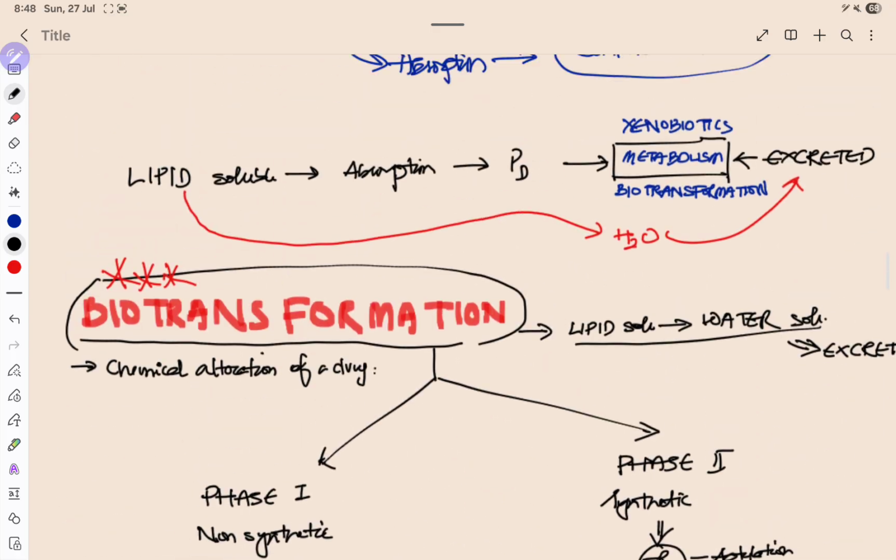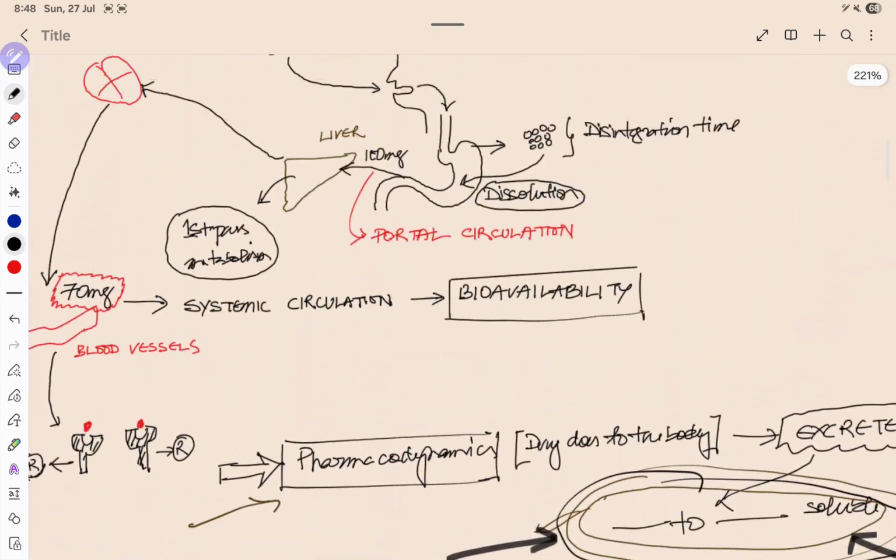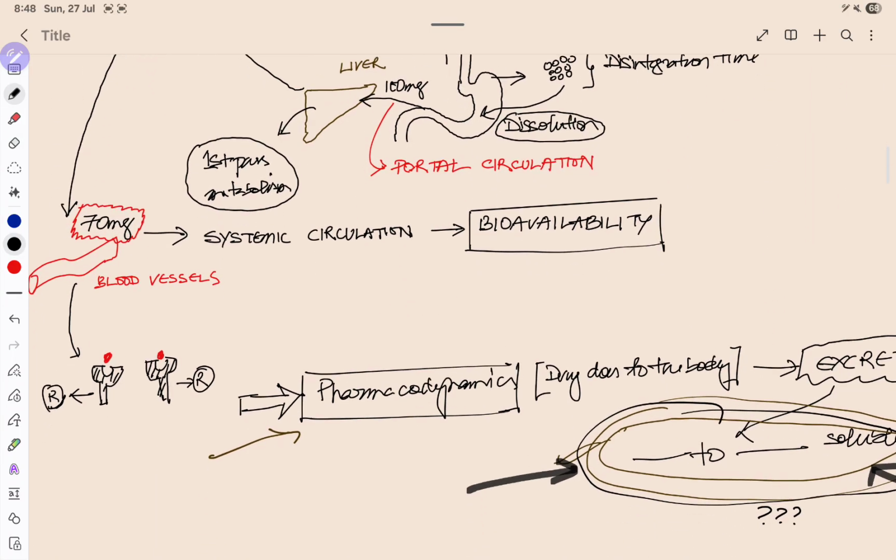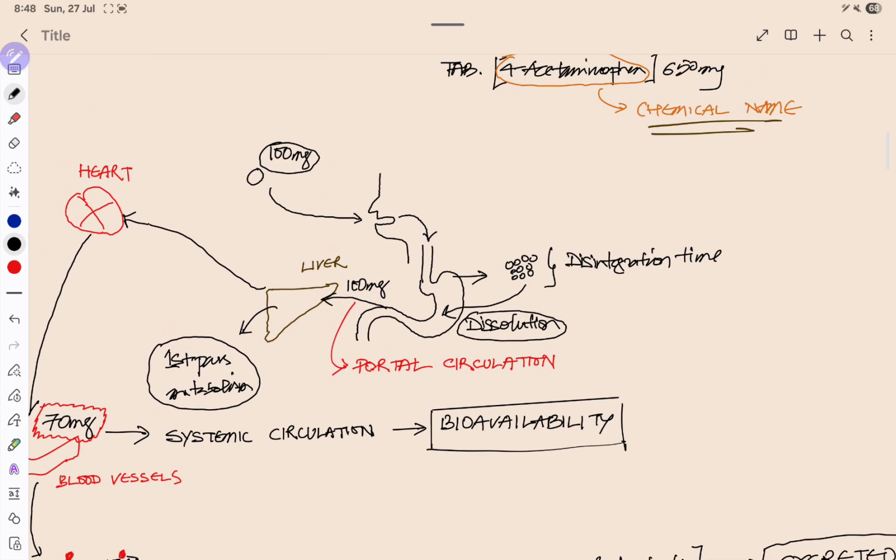like the absorption. Let's go back to absorption. So factors affecting absorption. The first and the foremost thing is solubility. Now we know that lipid soluble is more easily absorbed or reabsorbed. Then particle size.